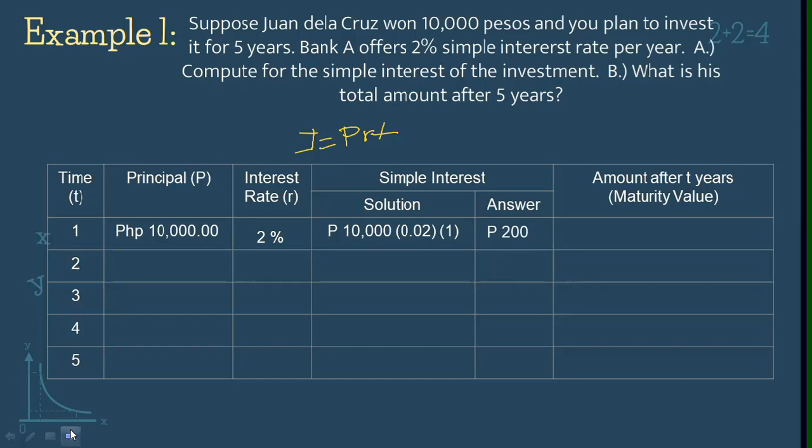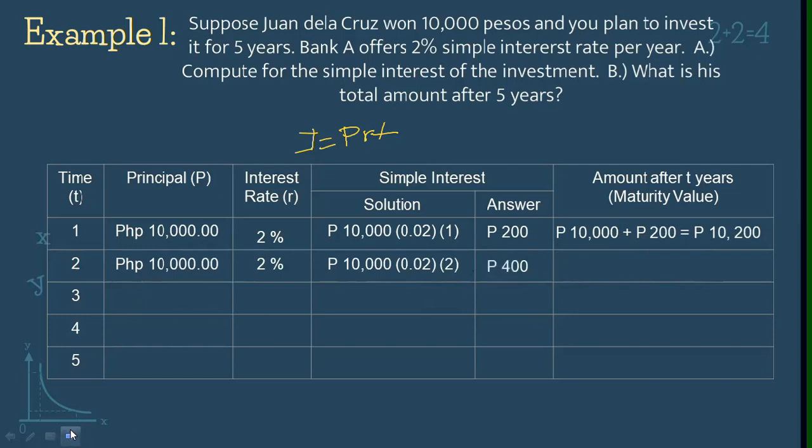Now, after the first year, ang maturity value natin, 10,000 plus 200 pesos, that will give us 10,200. Ngayon, the same din na gagawin natin, 10,000 uli sa principal natin for the second year, and the same interest of 2%, that will give us again 400 pesos na ngayon. So we have, for the second year, meron na tayong 10,000 plus 400. That will give us 10,400.